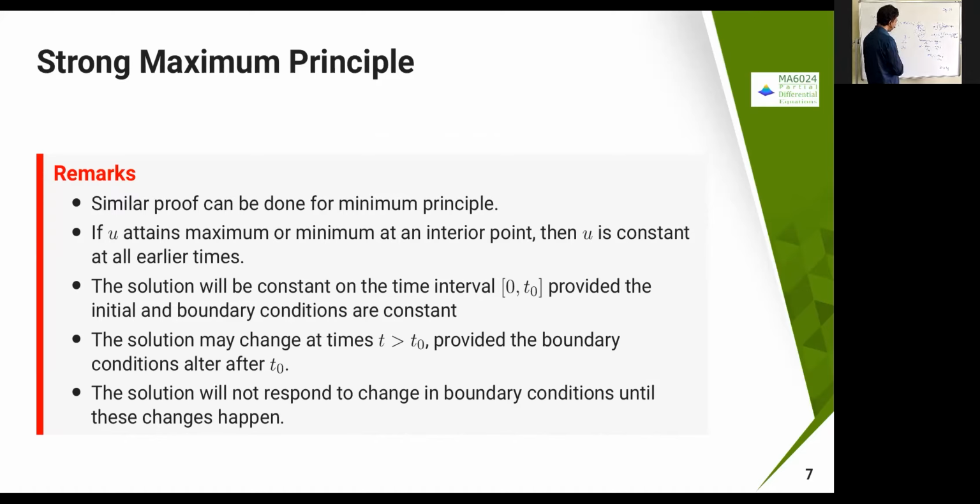If I take some t equal to 0.8 or 0.9, and suppose u is attaining its minimum or maximum in omega 1, then what this theorem is saying is that u is going to be constant at earlier places, at t equal to 0.8 or 0.9. That's what it is claiming.